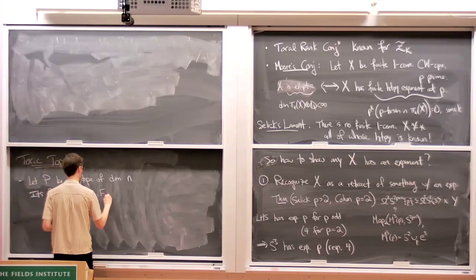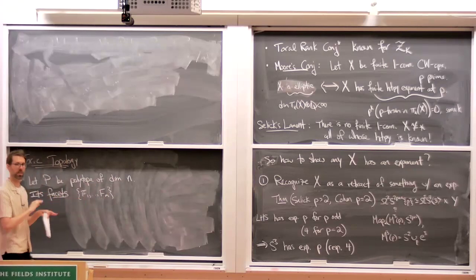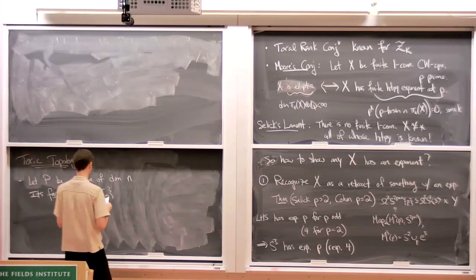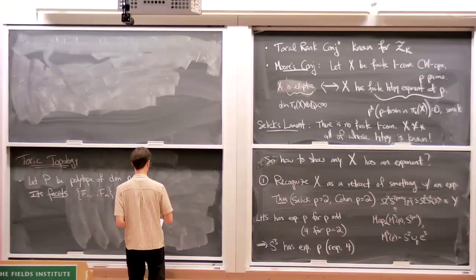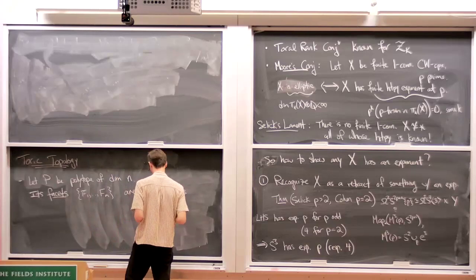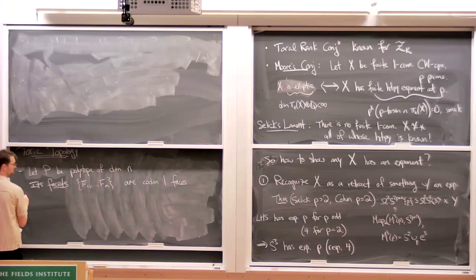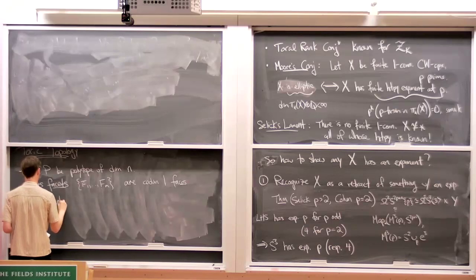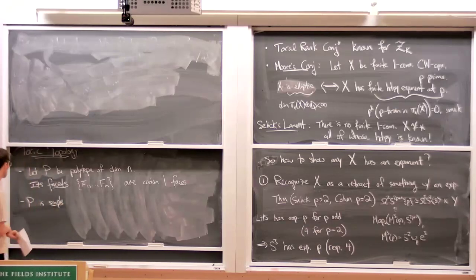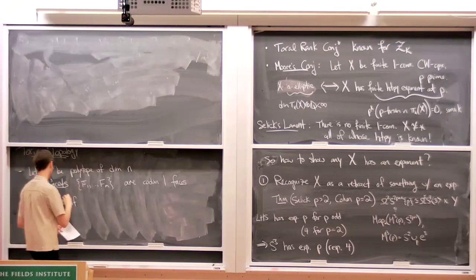So n will always be the dimension of the polytope, and I'll write m for the number of facets. We say a polytope is simple if exactly n facets are meeting at each vertex.